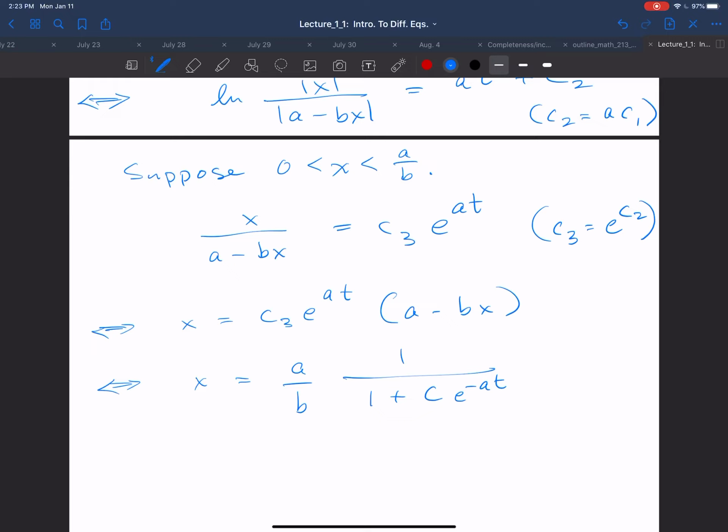Now, what happens if we plug in T naught here? Suppose that e to the a T naught equals this constant c.